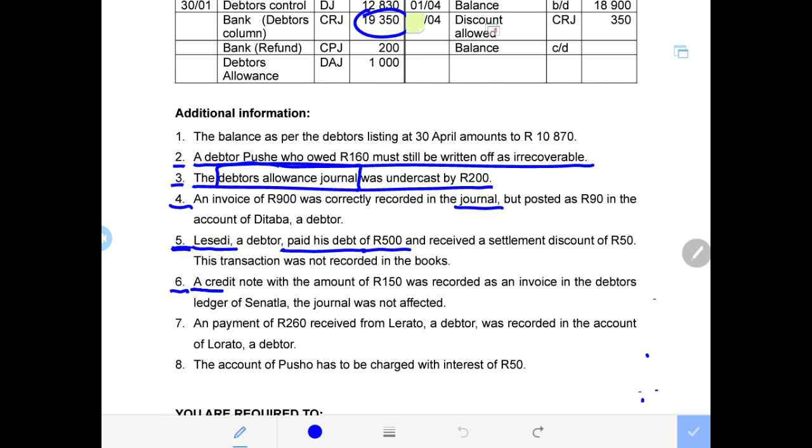It says a credit note with an amount of 150 was recorded as an invoice. Now remember, an invoice means credit sales in this case.